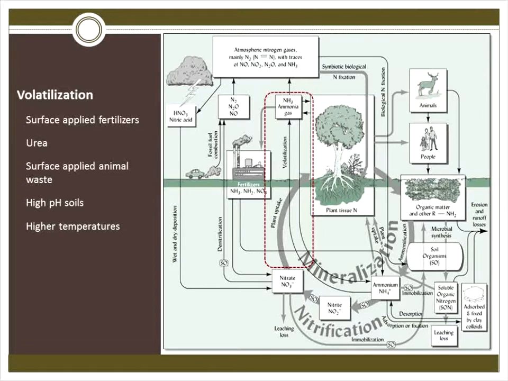So typically, our pHs are low enough that we have very little volatilization. And I mentioned this a little bit earlier. We don't have more than about 1% or 2% of volatilization, at least with our commercial fertilizers. We can get upwards of much higher rates when we're talking about organic sources of nitrogen.